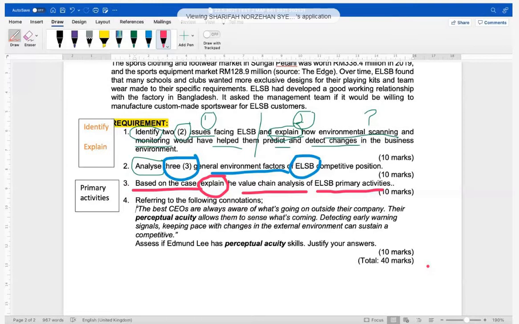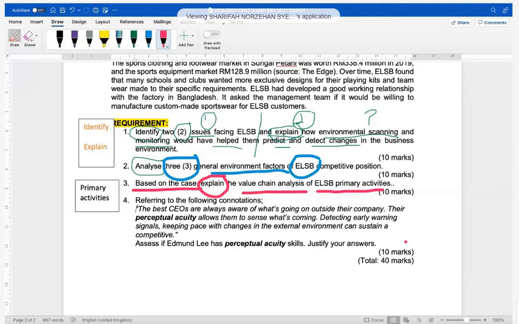Even if you know those elements are your primary activities, if you don't know how to explain them in the context of ELSB, forget about it. You're not going to even get 1 mark. You will only get marks once you relate it to ELSB. So like I said, no matter how long your answer is, if it's a general answer, not tying back to the case, you will not get a single mark.